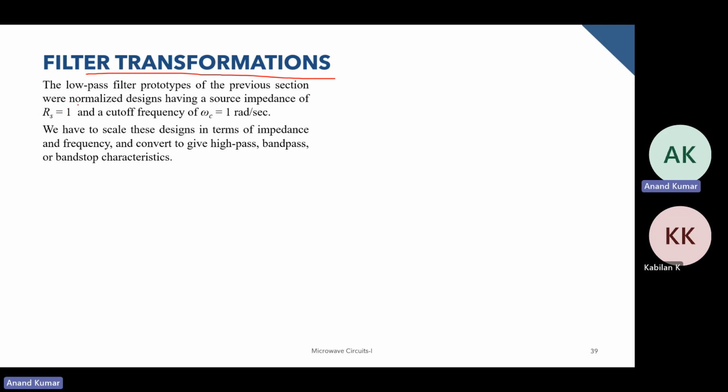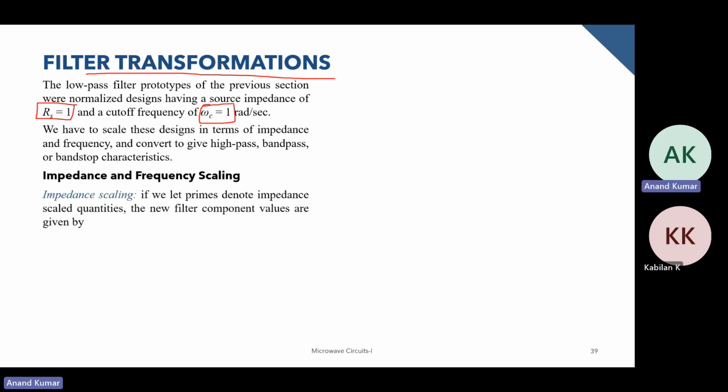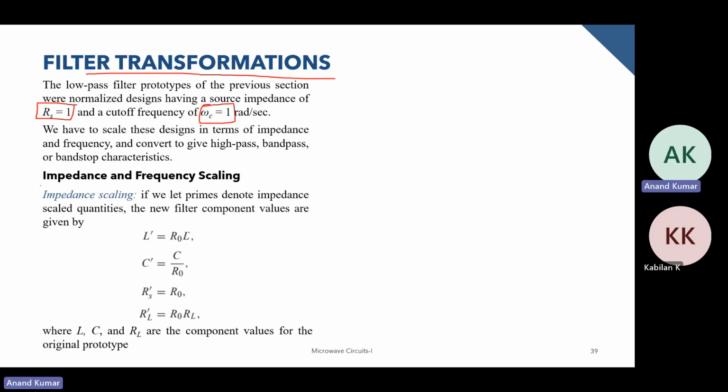Our discussion started with RS equal to 1 and cutoff frequency equal to 1. So we start with impedance scaling. If we let the primes denote the scaled quantities, that is, the normalized values that we got are the non-prime ones, the values of G0, G1, G2 will correspond to some R, L and C values.